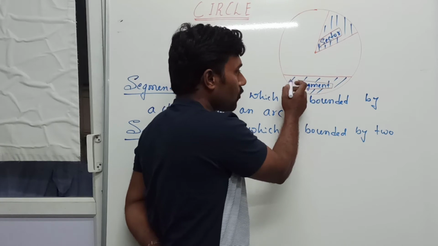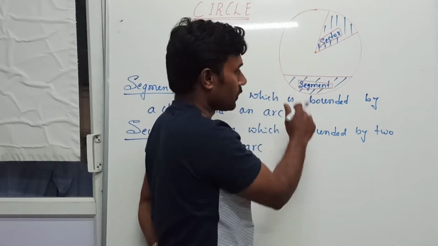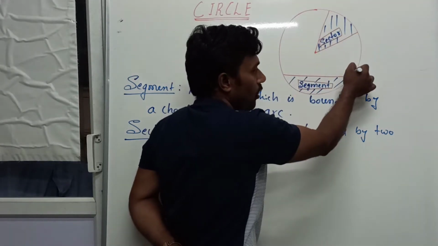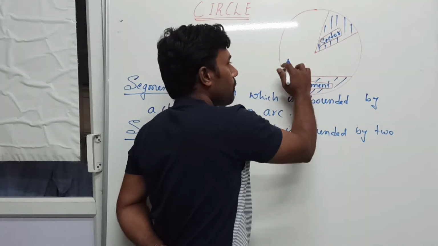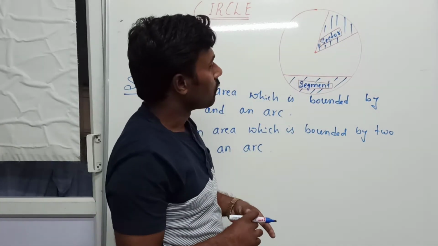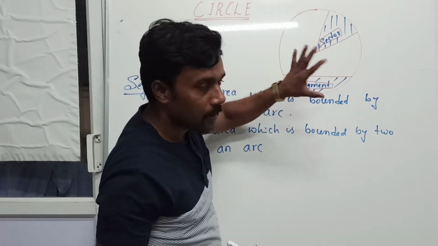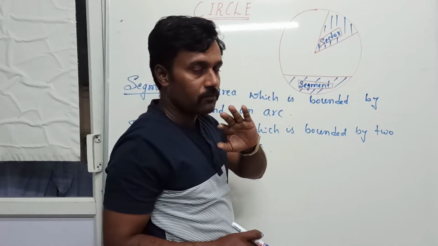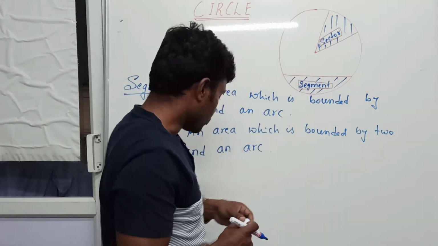If the region is bounded by a minor arc and a chord, it is called a minor segment. This is the major arc, and the region bounded by the major arc and a chord is called a major segment. This is how we can classify the segment into two types, minor and major.